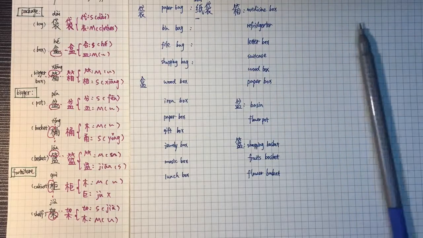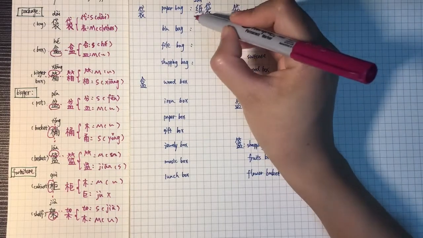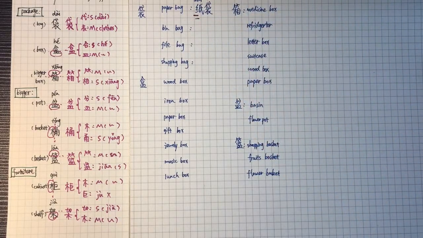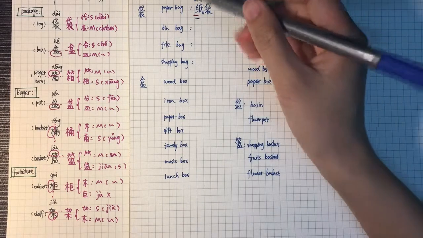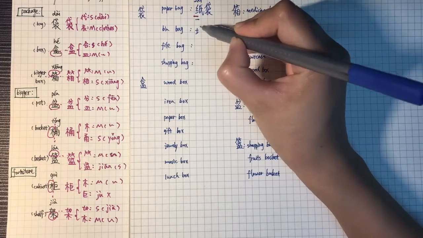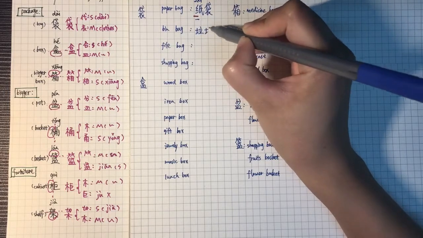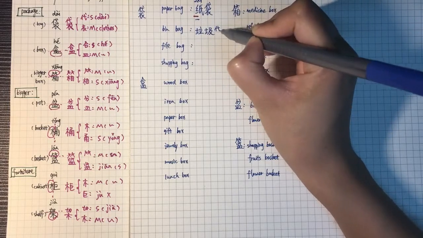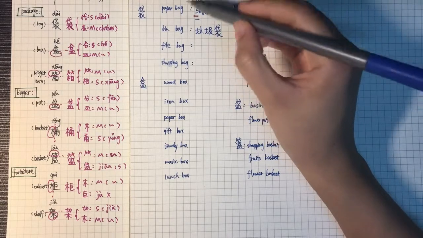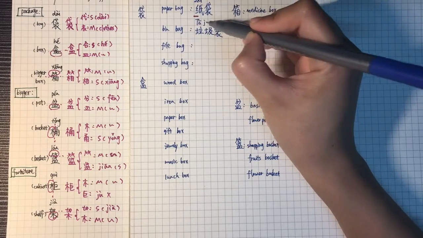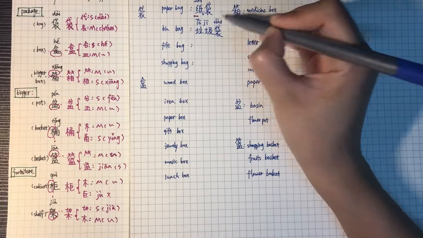And the radical we have here is about silk and knitting stuff. Next one, bin bag, 垃圾袋.